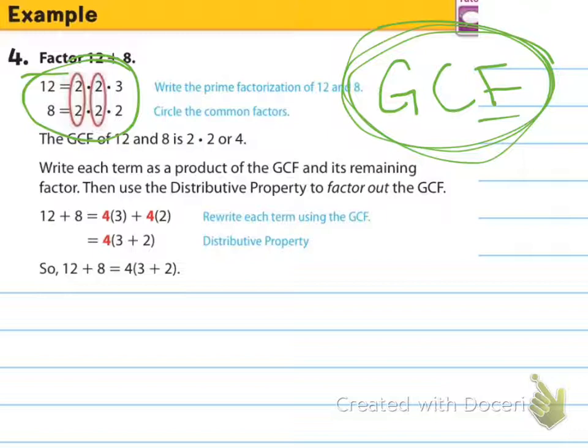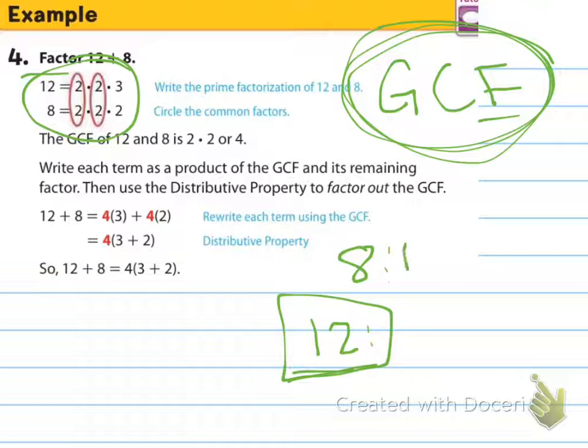And what I want you to do is think of it like this. For this example, we've got 8 and we have 12. And so keeping the number 12 in mind and thinking of the factors of 12, I'm going to find my factors of 8. So I know that 1 times 8 are the first two factors for 8. Well, 8 does not go into 12, so I'm going to have to keep going.